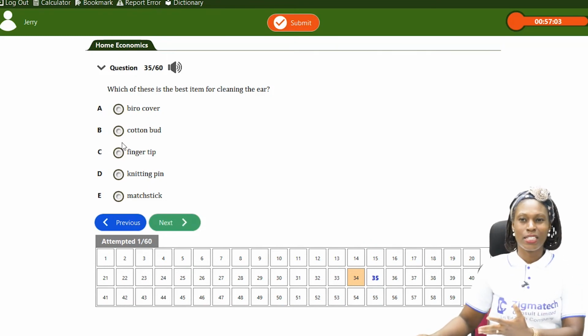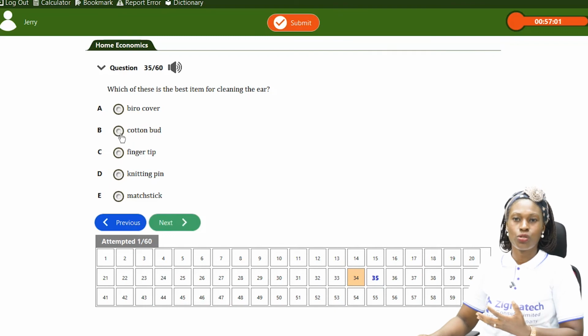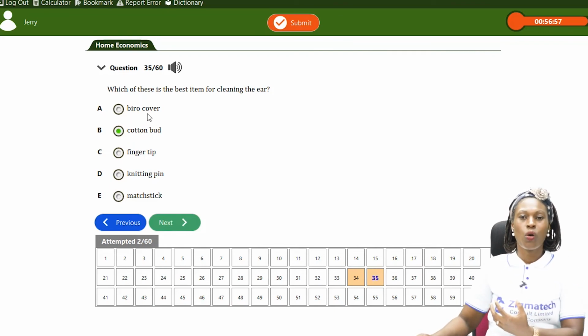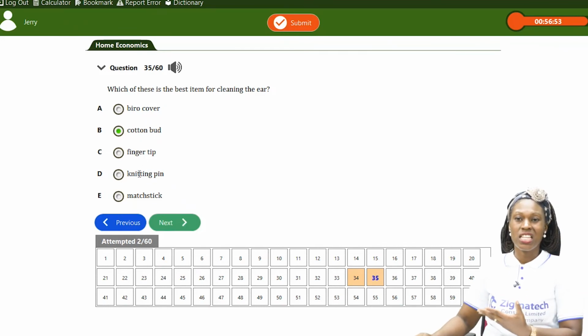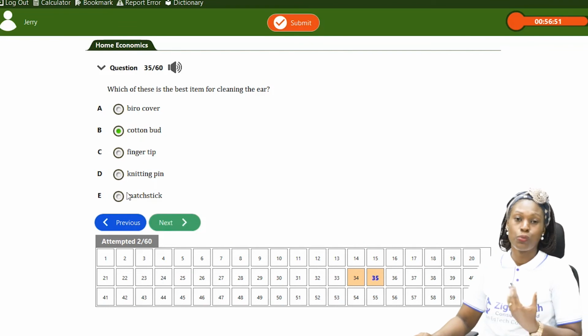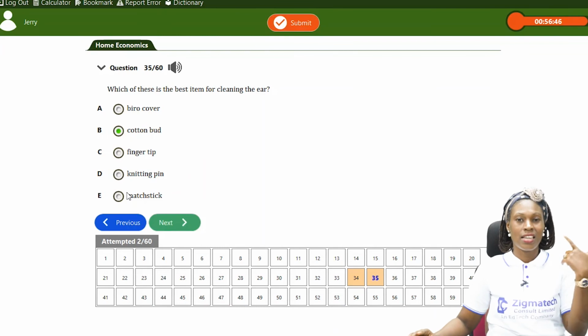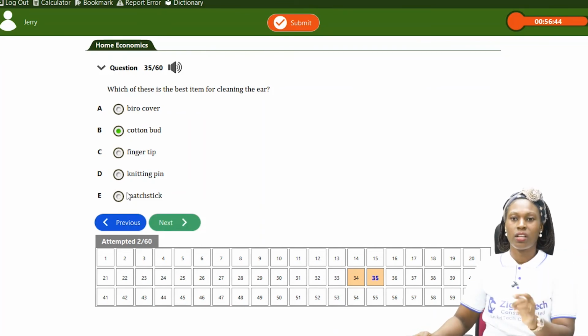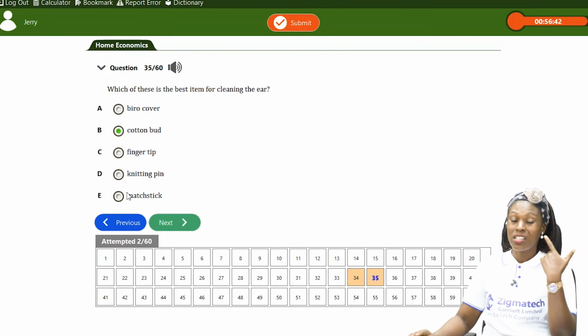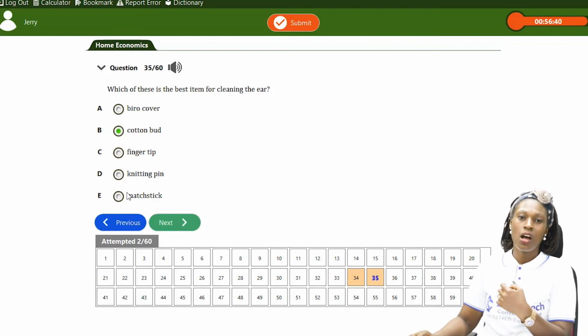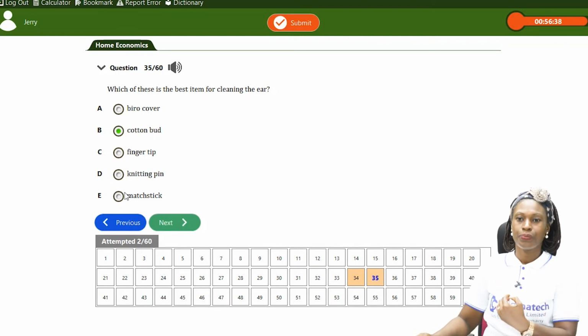Yes, your guess is as good as mine. Cotton bud. It is best to use a cotton bud to clean your ears. Just imagine putting all of those other options in your ears. What are you going to do? You're going to damage the inner ear and the middle ear. So do not do that. It's best to use cotton bud carefully.